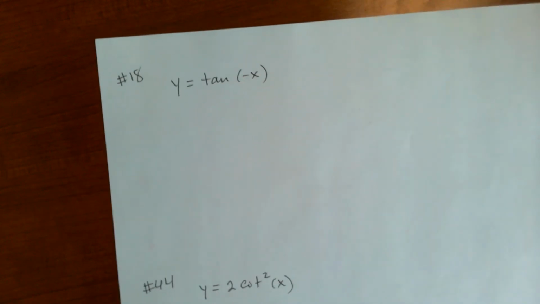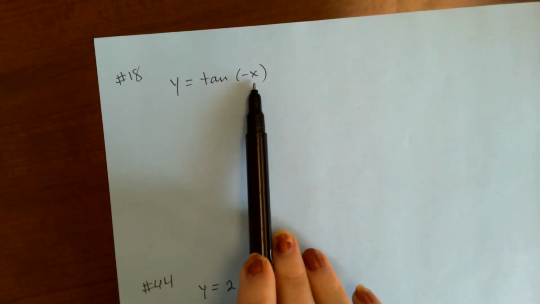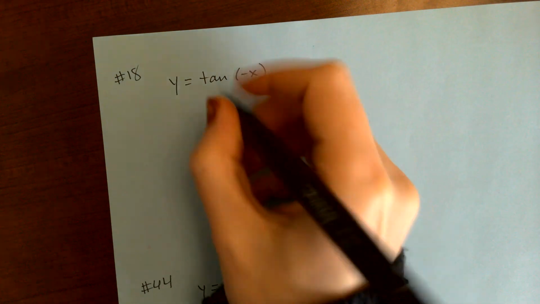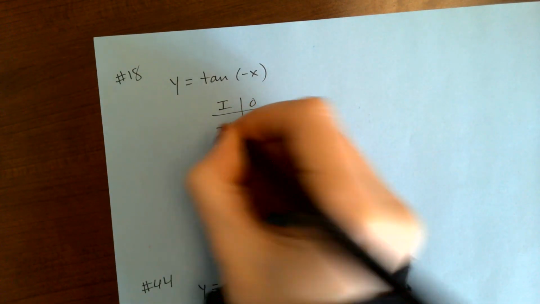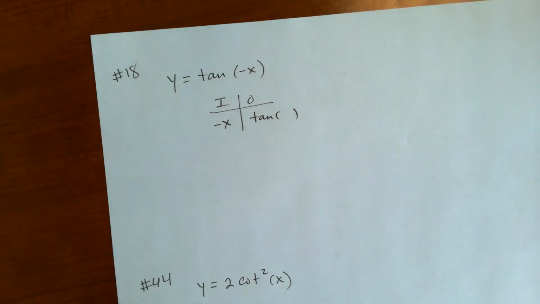Now this one, y equals tangent of negative x. Remember, if there's anything more than just a plain old x, then you need to use chain rule. So the inside is negative x, the outside is tangent of blank.